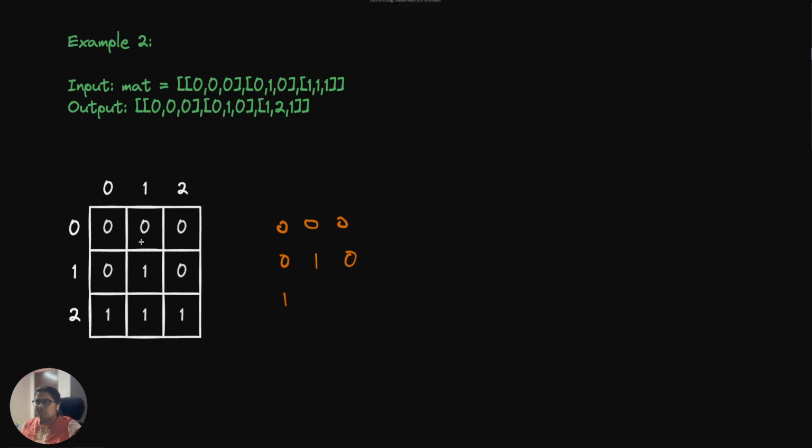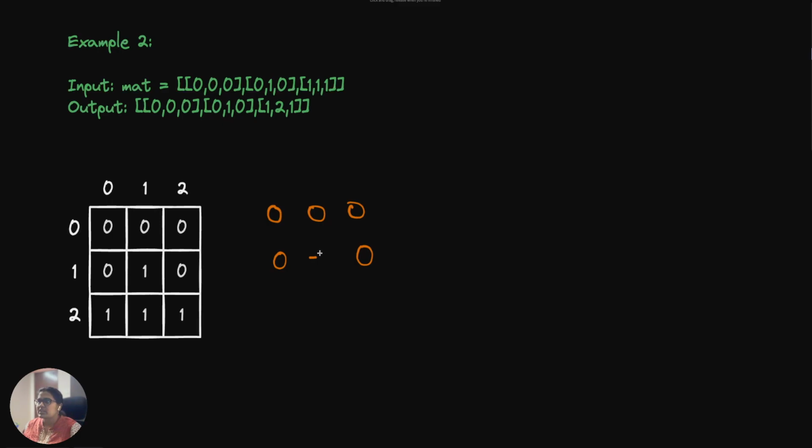The algorithm we will follow is this: in the BFS, we will first start with all the nodes which are 0. So this is our result array. In the result array, nodes with 0 are already 0, whereas for 1 we have to calculate the value.